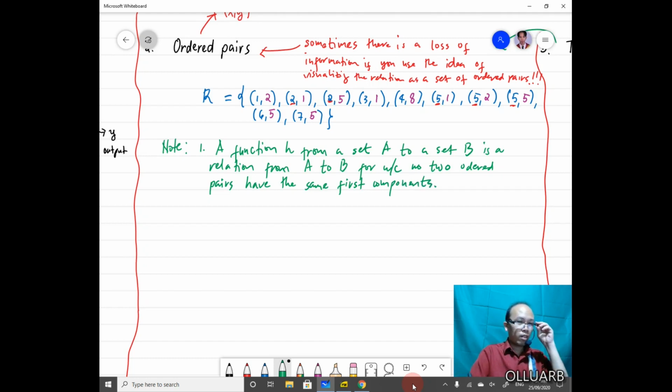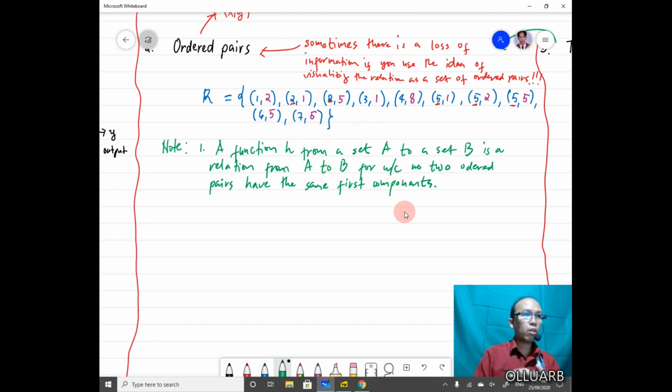Okay, so I've said it before, if all the first coordinates are distinct, no repetition, then that set of ordered pairs is a function. Otherwise it is called a relation.